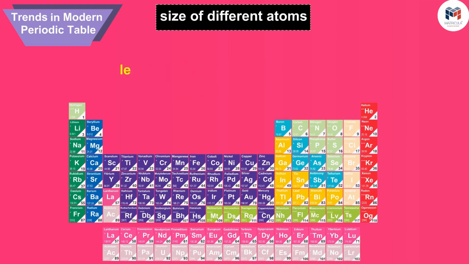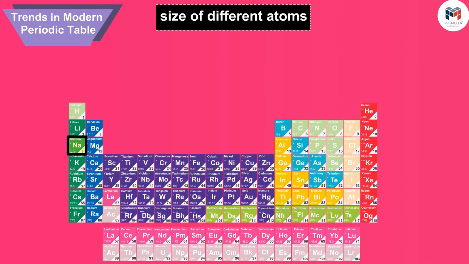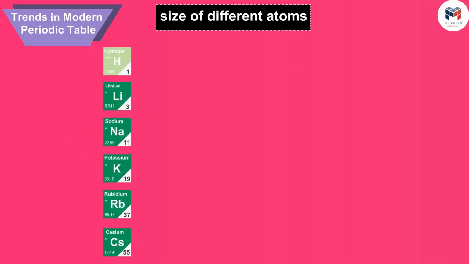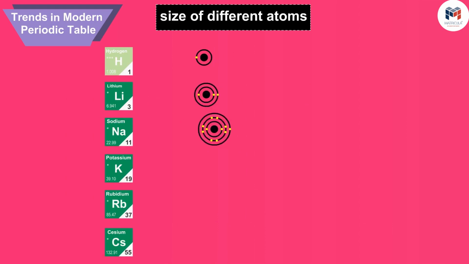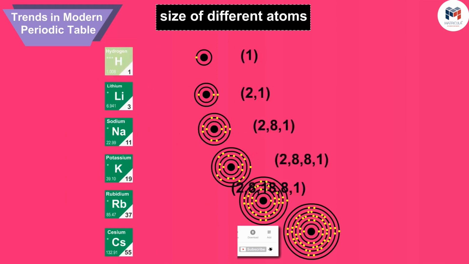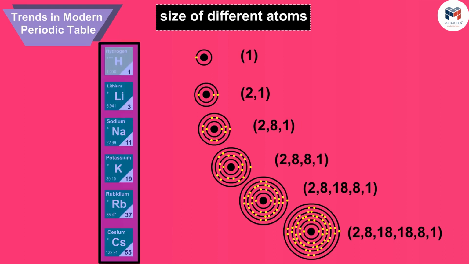Now, let us discuss the atomic size of the elements in the groups. As you see, going down the group, the size of the atoms increases. So, the smallest atomic size will be found at the top of a group, whereas the largest atomic size is found in the lowest part of the group. Let us see the reason behind this trend.